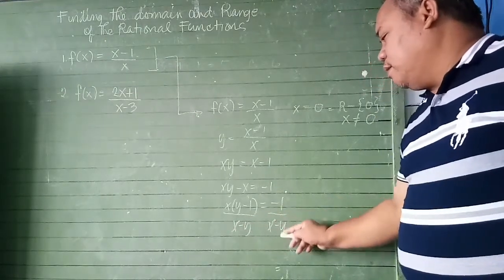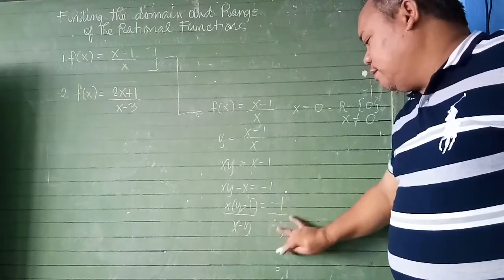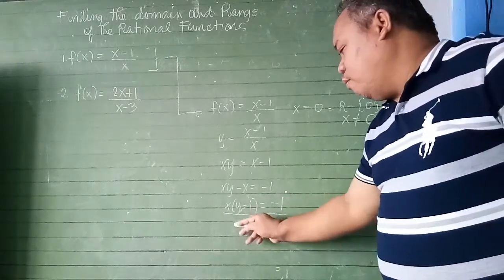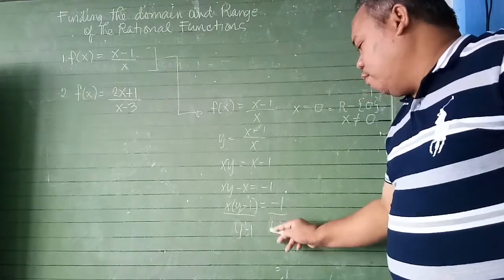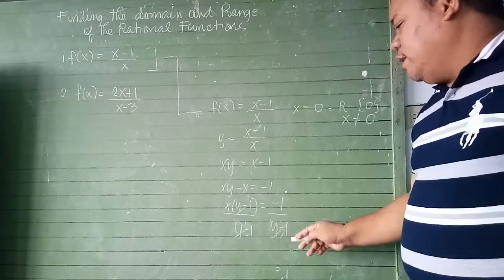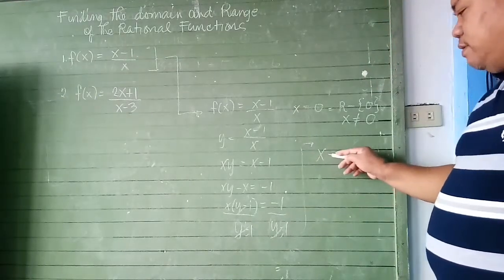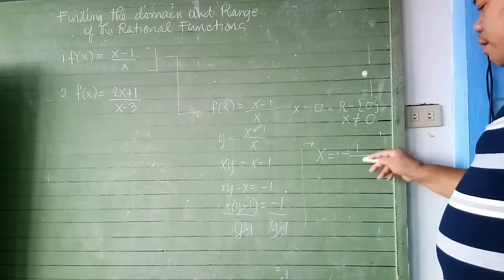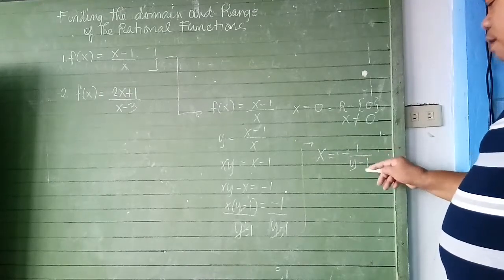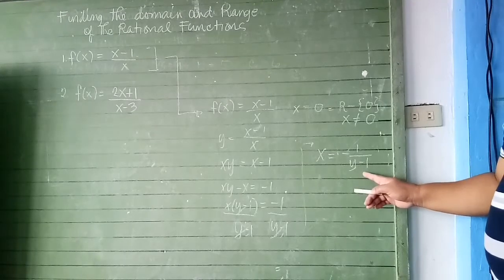Then divide both sides by y minus 1. Canceling y minus 1, what remains is x equals negative 1 over y minus 1. Then, look for the denominator again to find the range.